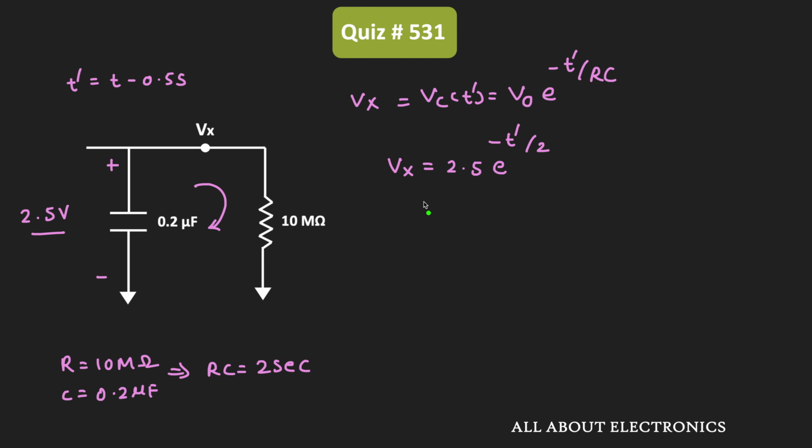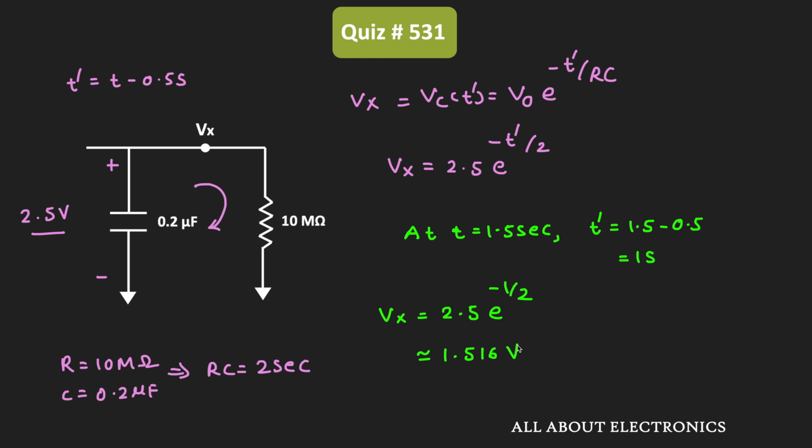We have been asked to find the value of Vx at t equal to 1.5 second, or equivalently t dash is equal to 1.5 minus 0.5, that is 1 second. So Vx is equal to 2.5 times e to the power minus 1/2. If we calculate the value, it is roughly equal to 1.516 volt.